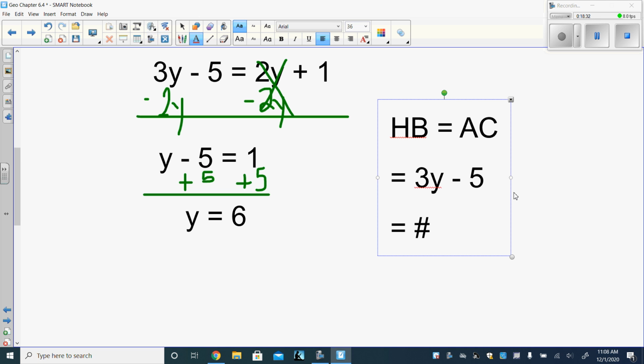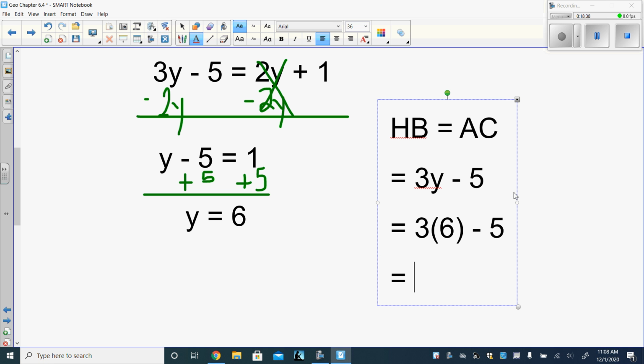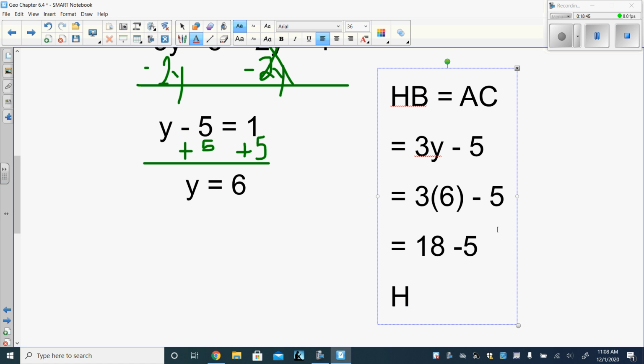So this would be 3 times 6 minus 5. Well, 3 times 6 would be 18. And 18 minus 5 will tell me that HB is equal to 13. So the length of HB is 13. And we are done with this here.